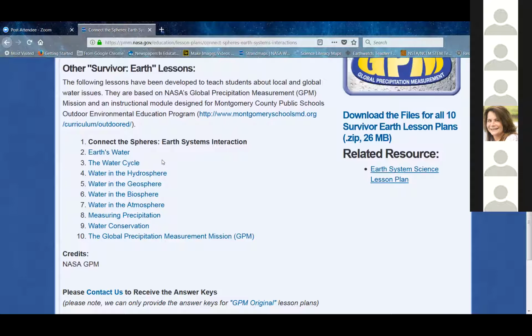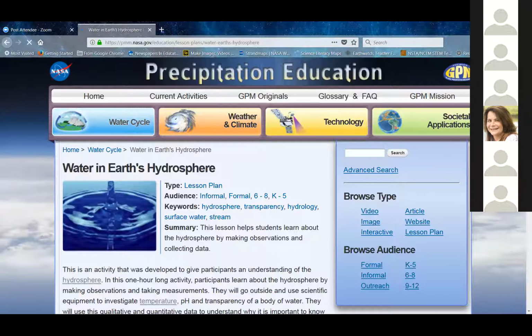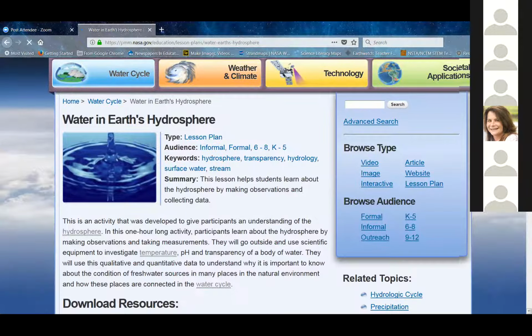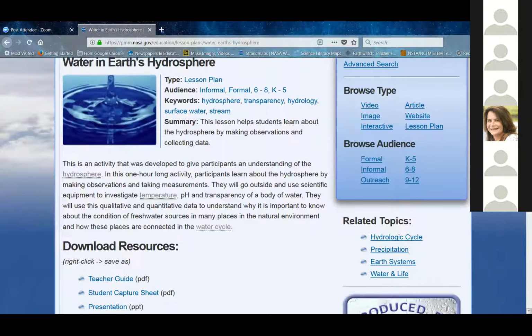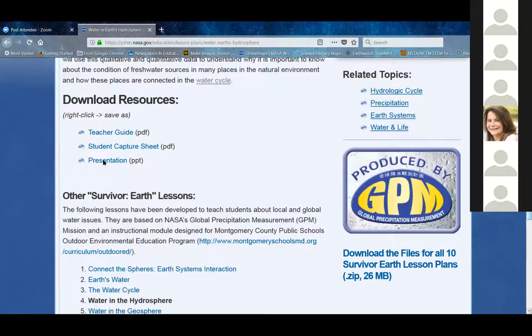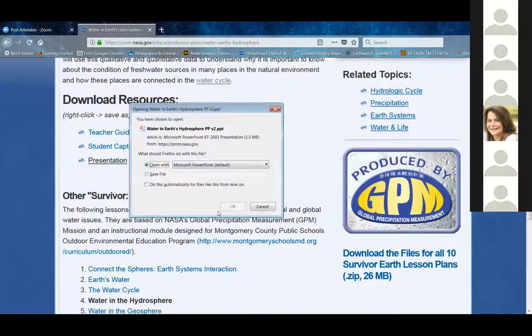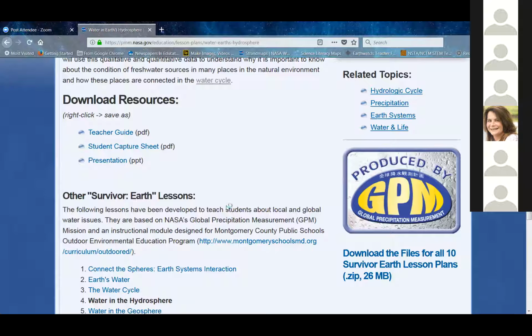The one that I like the best is called Water in the Hydrosphere, because it really helps the kids understand what pH is and how to collect that data correctly. So it comes with a little PowerPoint presentation that is geared to the students that helps them understand that.